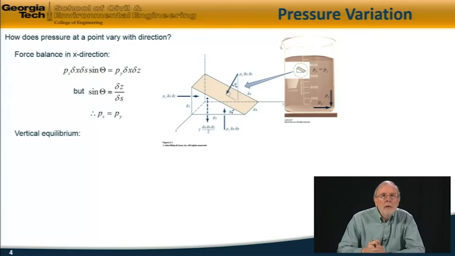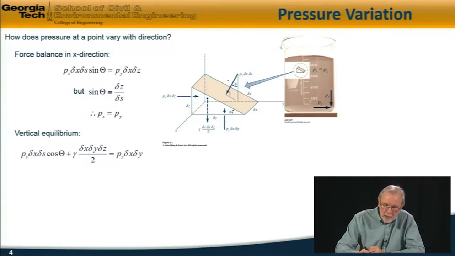Next, we apply equilibrium and balance the forces in the vertical direction. The forces are similar. We have the component of the force on the sloping surface, which is now multiplied by cosine theta. But now in the vertical direction we have a new force, which is gravity, equal to the weight of the fluid element.